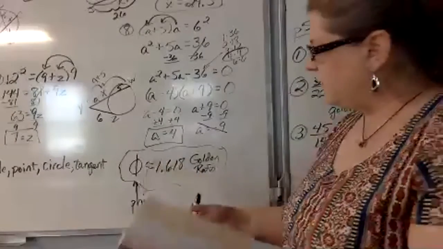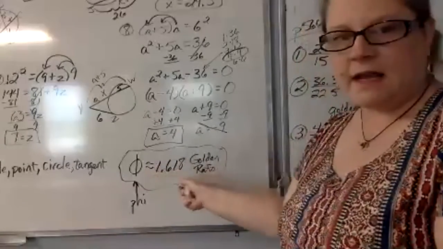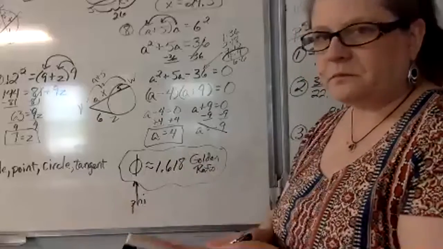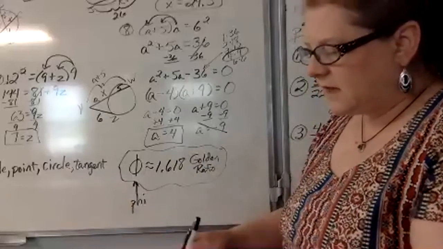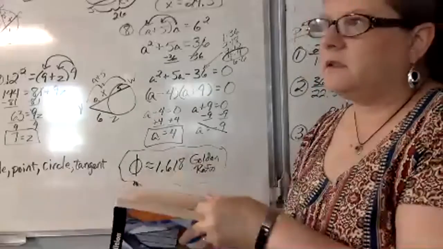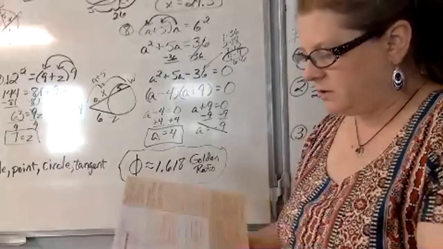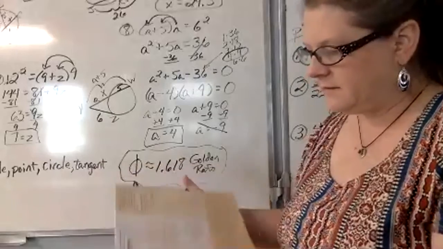It's the ratio of length to width, and it's approximately 1.618. Now the only other thing that we are going to try to talk about is the first section of chapter 12, just your basics.